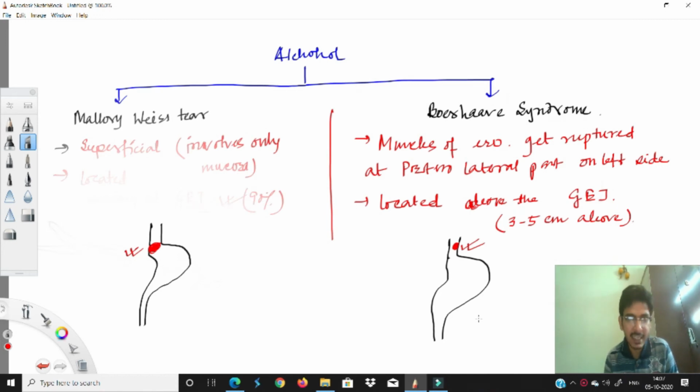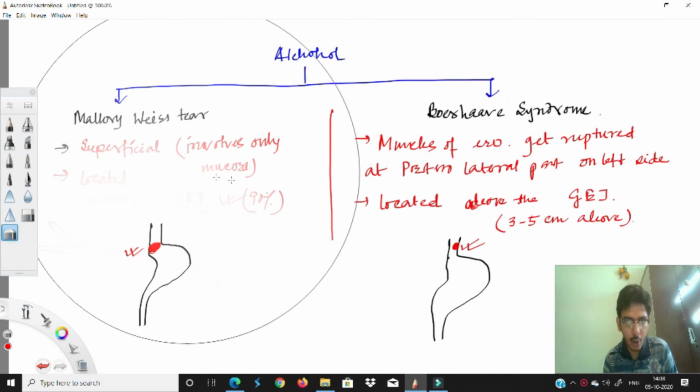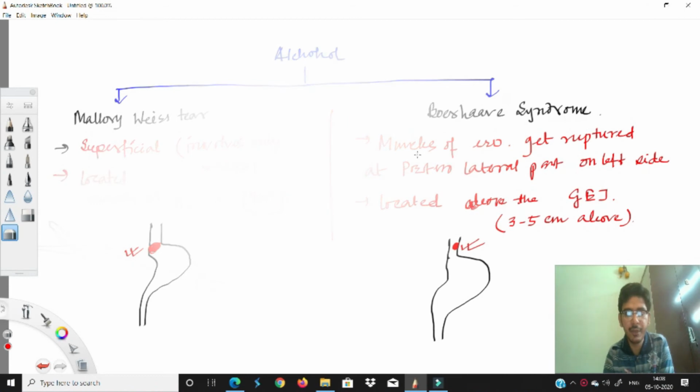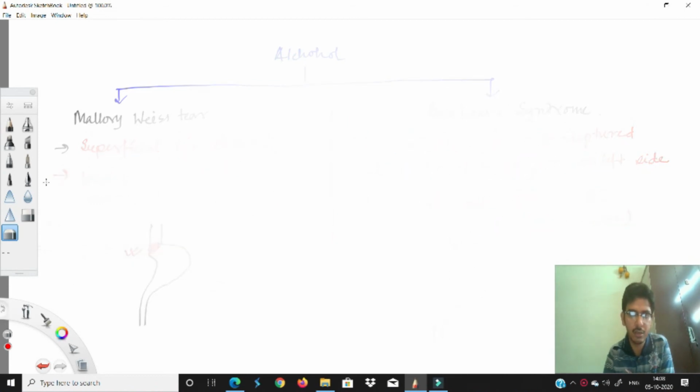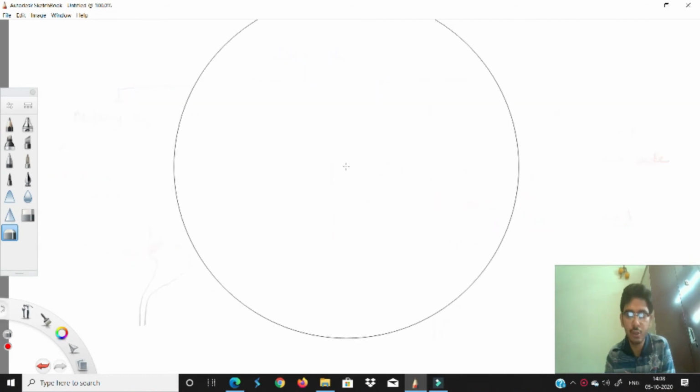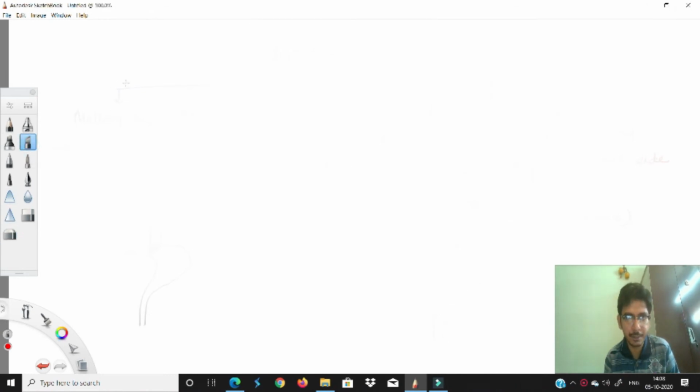And now the clinical features. Most of the clinical features of Mallory-Weiss tear and Boerhaave syndrome are common, but a few differences are there, through which you can easily identify these two disorders.